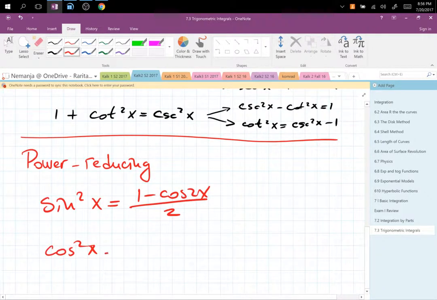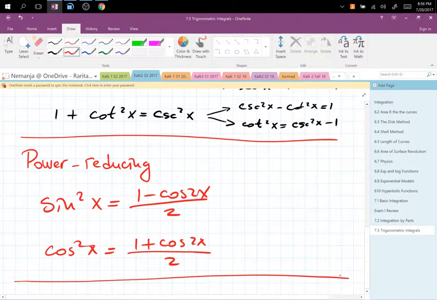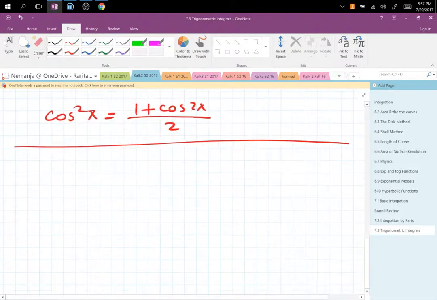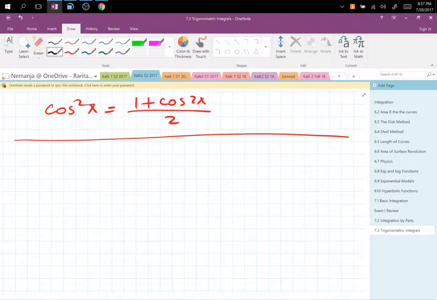Cosine squared x is 1 minus sine 2x over 2. Over 2, yep. Good. Gotta know this. Problems that have sine squared and cosine squared in them cannot be done differently, when I have to go use like 1 minus cosine squared. That's experience. Doing 100 problems. Like anything else. Like driving a car, like everything else.